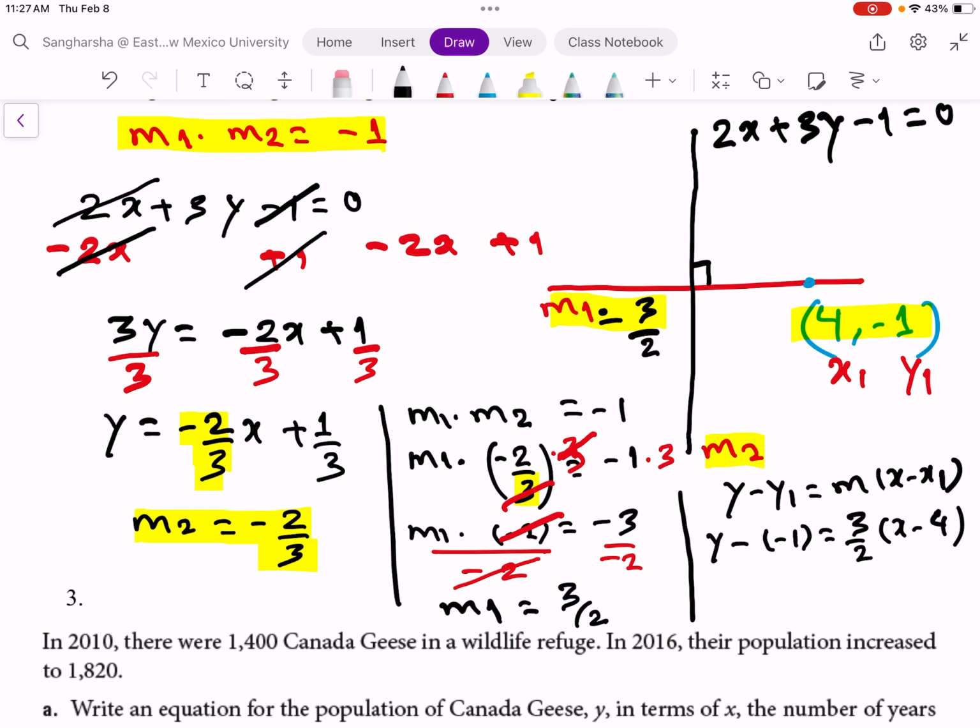Now we simplify this. We distribute 3/2 for x as well as for negative 4, so 3/2 times x is 3/2 x, minus 3/2 times 4.